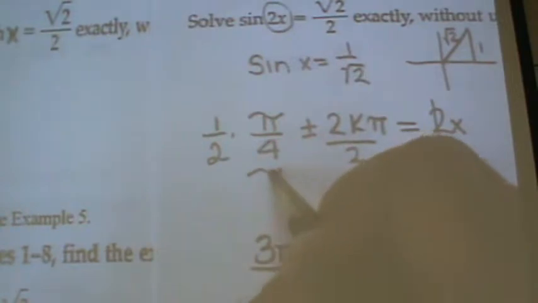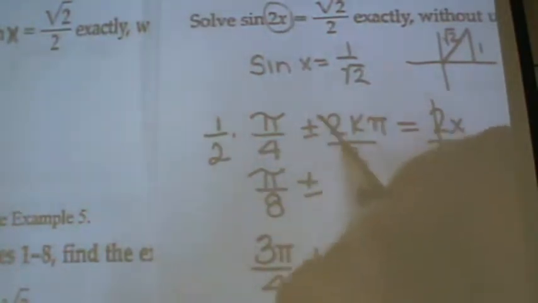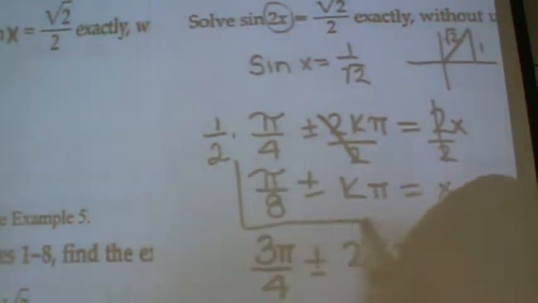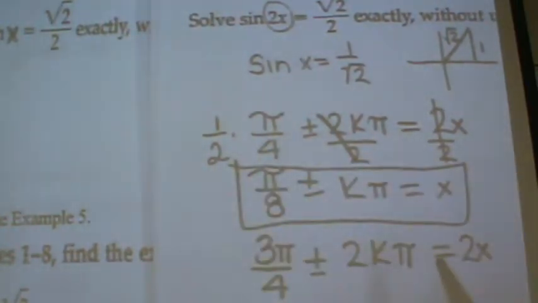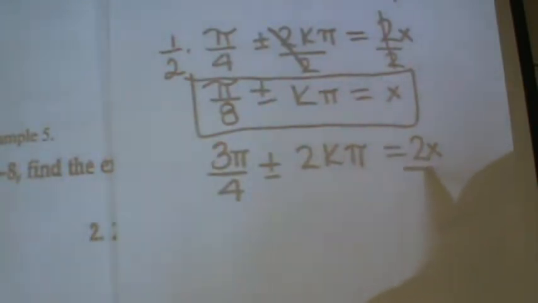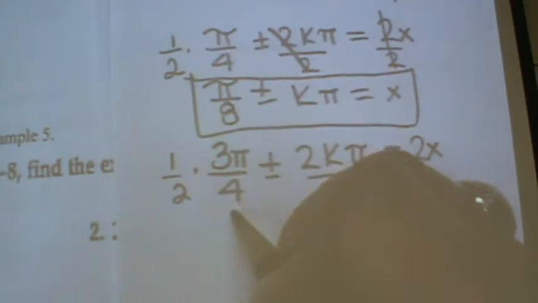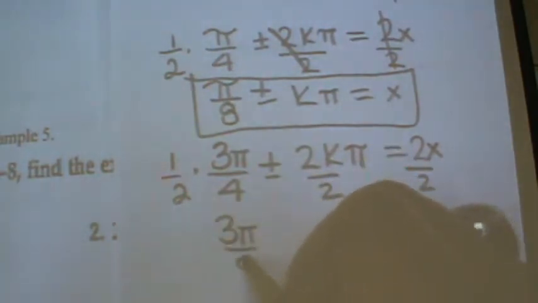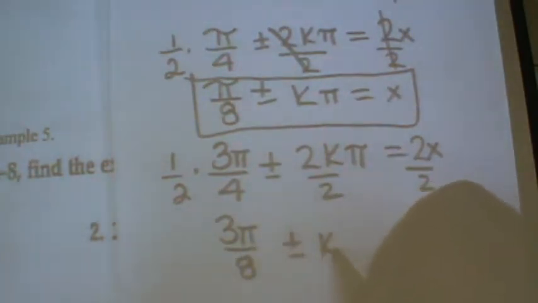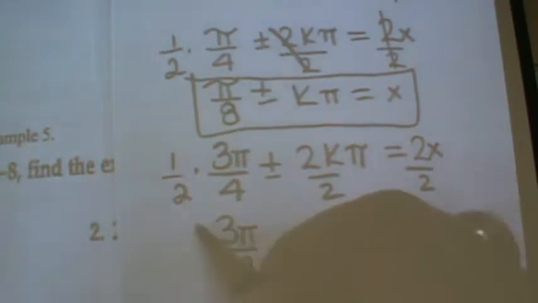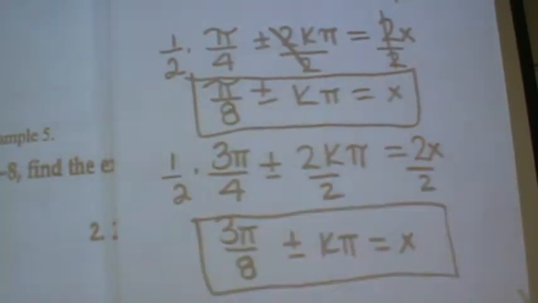So this is going to be pi over 8 plus or minus k pi equals x. That's one answer. And then you do the same thing for the other angle. Divide by 2. So you get 3 pi over 8 plus or minus k pi equals x. Okay?